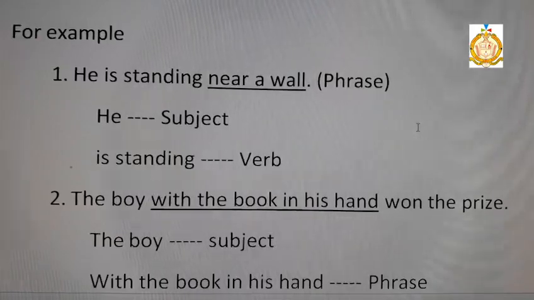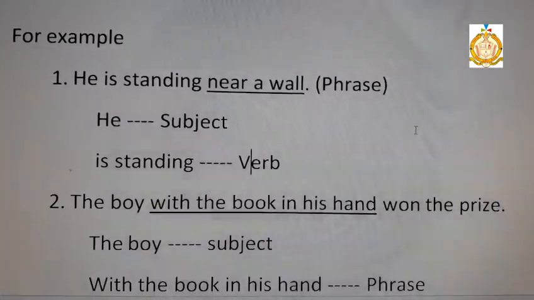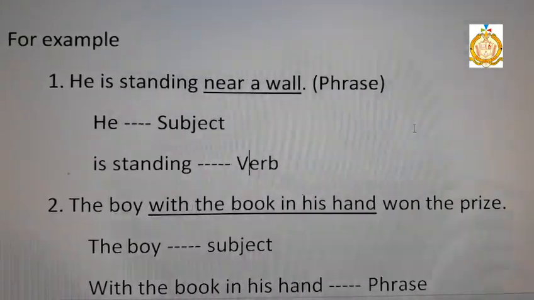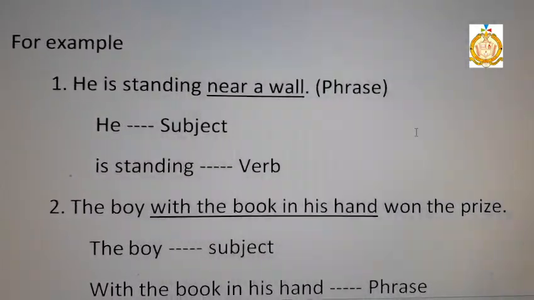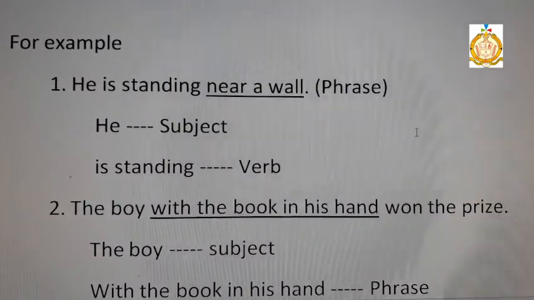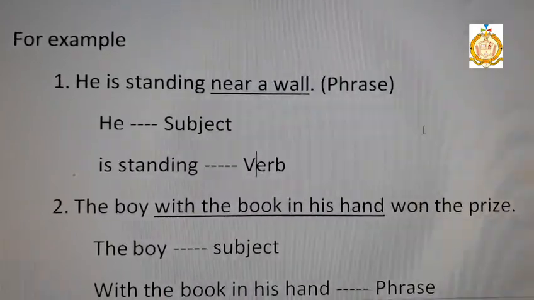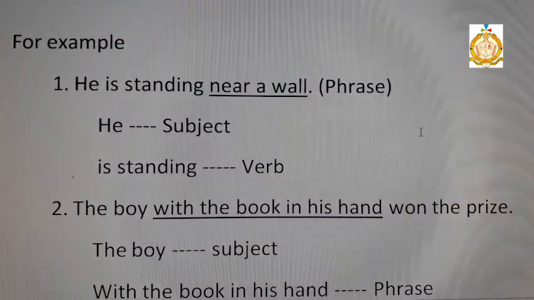Now, he is standing near a wall. In that, near a wall is underlined and that is the phrase. As it is a part of a sentence, we have he as a subject, is standing as a verb.